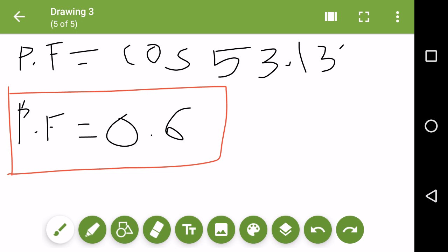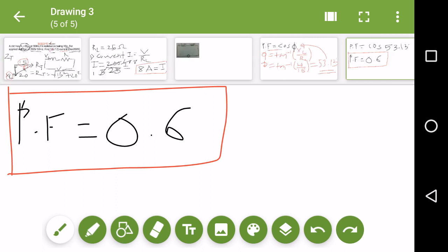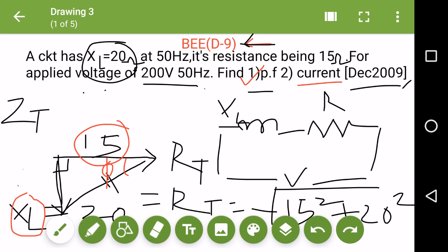Just take a quick revision of what we have done. We have this problem over here and we need to find the power factor and current. I am given XL and R. I first combined these two individual resistances to find the total impedance of the circuit using the formula: total impedance equals the square root of XL square plus R square.